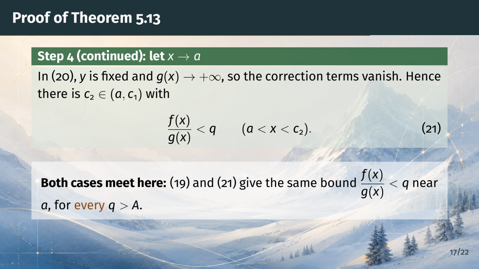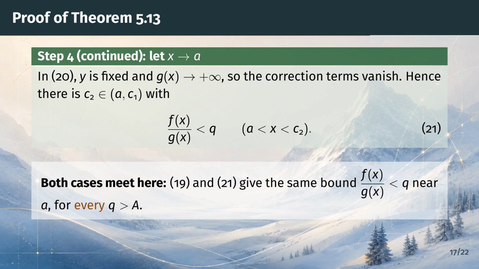Continuing step 4, look again at inequality 20. The number y is fixed, so f of y and g of y are constants, while g of x marches off to infinity. Both correction terms therefore shrink to 0, and the right-hand side approaches r, which is below q.